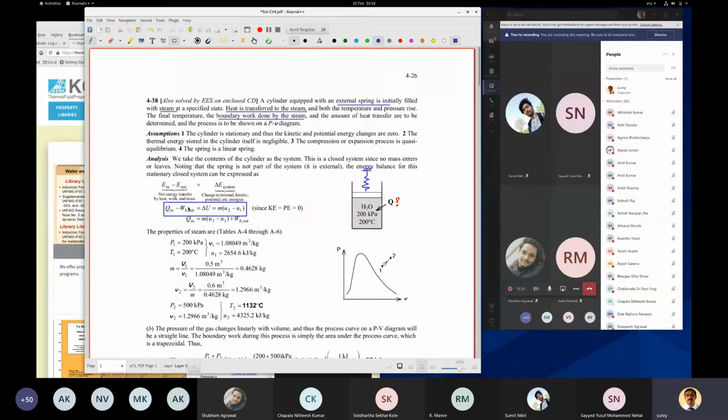Here Q in minus work out through the boundary, not shaft work. Sir, the domain. Let me draw the domain. This is the domain.